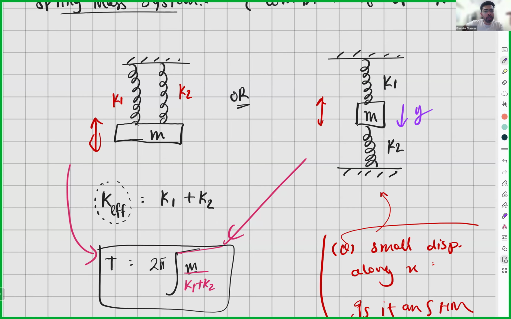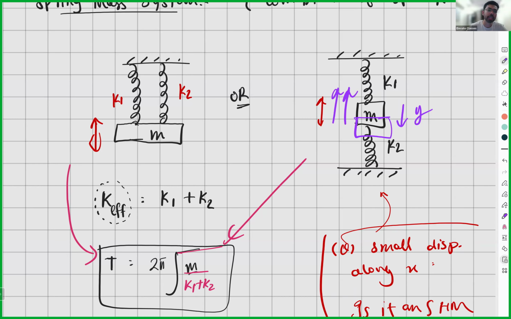So the upward spring tries to attract it when you bring the system downward, and the lower spring tries to resist it. ठीक है? तो जब इसको आप नीचे लाओगे ब्लॉक को, when you displace it downward, then there are again two forces acting in the upward direction or in the opposite direction.